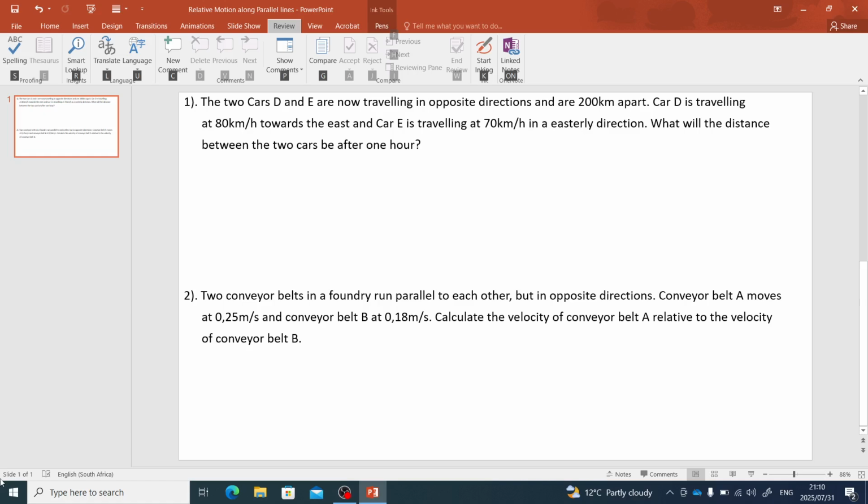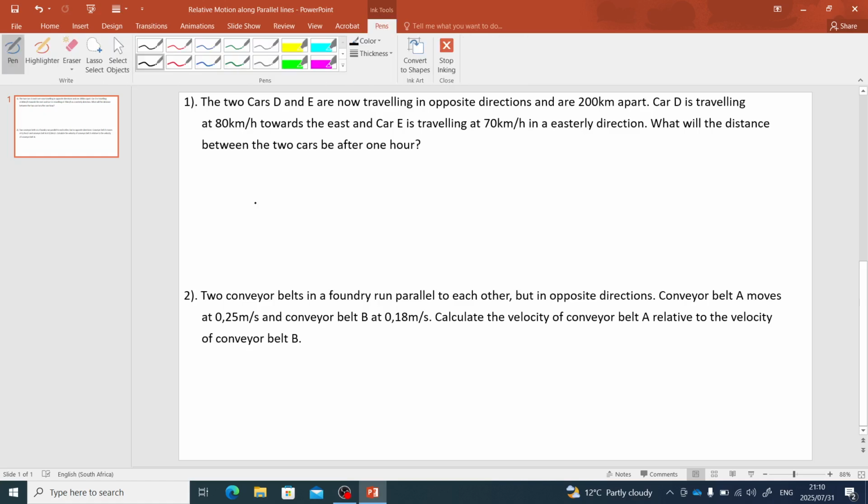The first question says the two cars D and E are now traveling in opposite directions, 3 kilometers in 1 hour, towards the east. Now we are having the picture: car D. Where is car D heading?